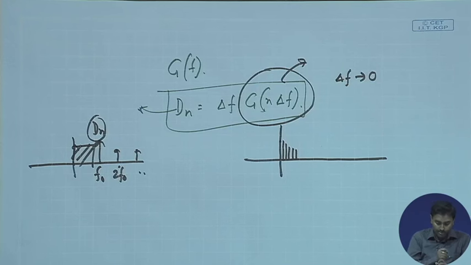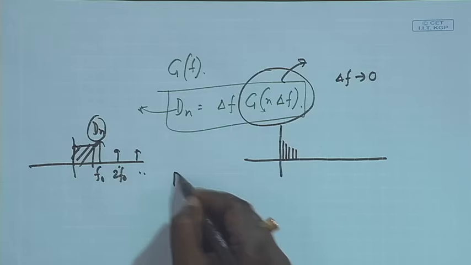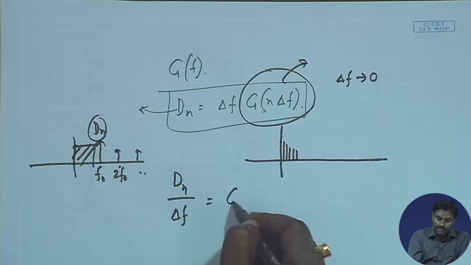If G is multiplied by del f, I get the corresponding d_n. So, this G by itself is not the spectral component, it is defined per unit frequency, because del f has to be taken out of it. If I divide d_n by del f, then I get this G value.